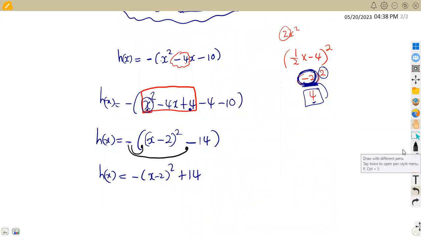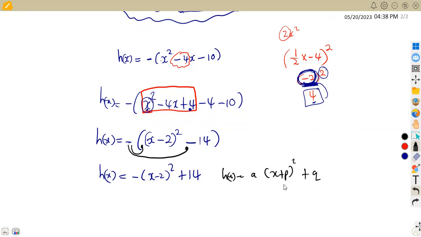The point (minus p, q) represents the turning point for that function. This is another part we are not given, but if they were talking about that, then we would apply that concept.